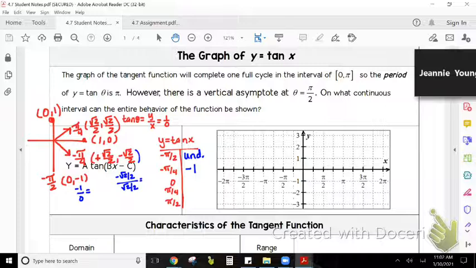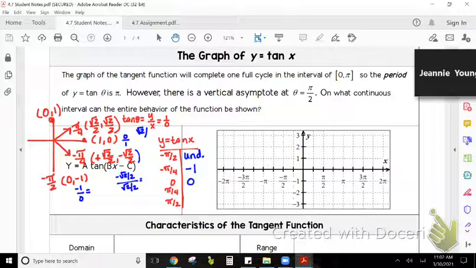At 0, my y is 0, my x is 1. What is tangent? No, it's 0 because 0 is on top this time. That's all right. And then at positive pi over 4, so we have x is square root of 2 over 2, y is square root of 2 over 2.